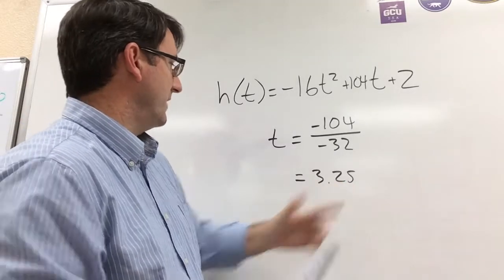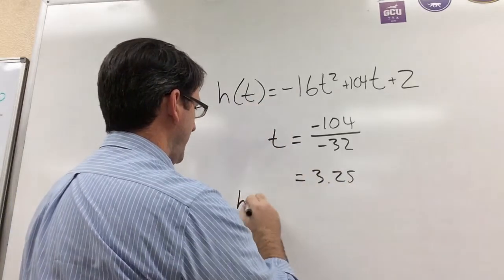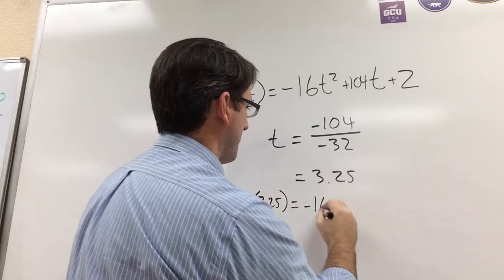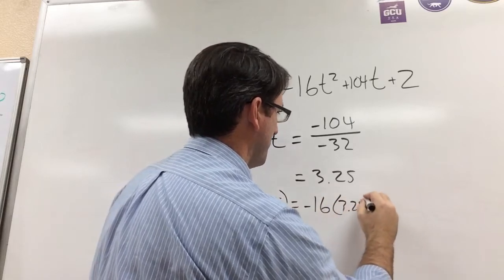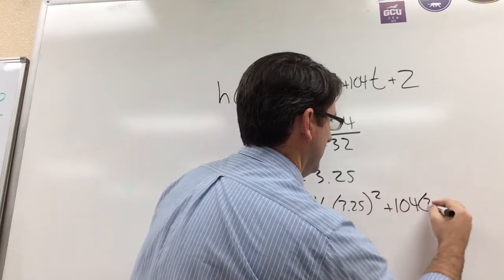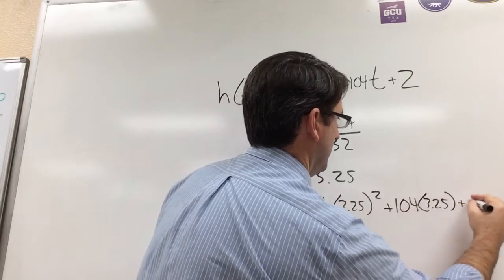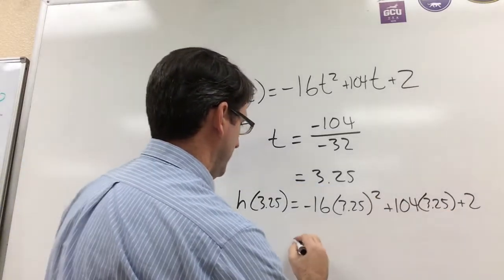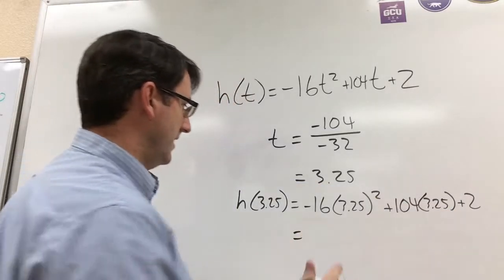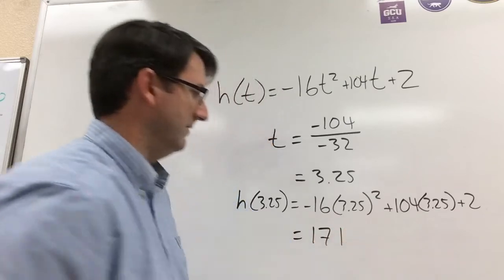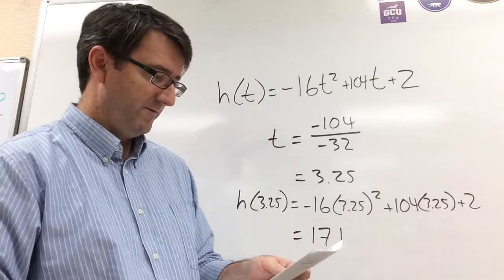So now, if we plug that back in up here, h of 3.25, and then plug all of this into our calculator, we're going to find that it reached a maximum height of 171 feet.